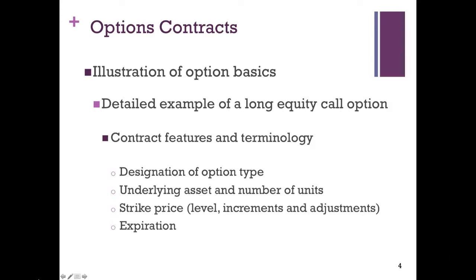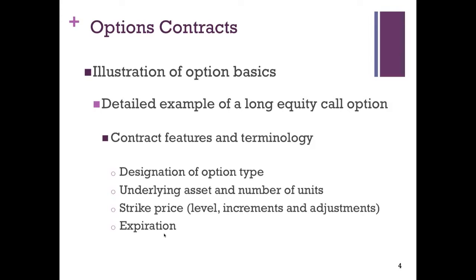But in the context of the discussion, we're talking about puts and calls, so those are the only two types of options, and we'll discuss how they're designated. And all options relate to some related security or commodity or currency, the underlying asset as it's known here, and not just some general reference to it, a specific number of units, par value of bonds, number of British pounds, or in the case of the equity options, number of shares, as well as a price at which the owner of the option has the right to exercise, and some length of time, because options are what are sometimes referred to as wasting assets.